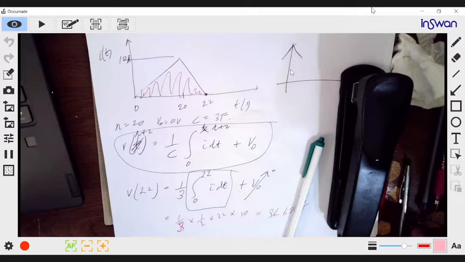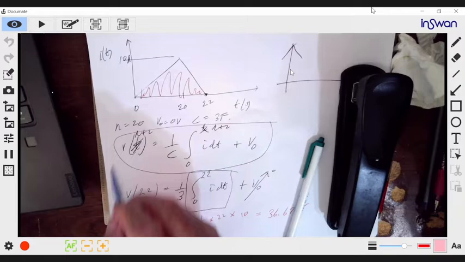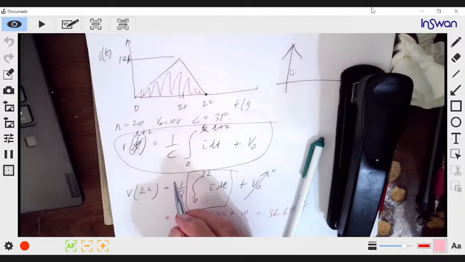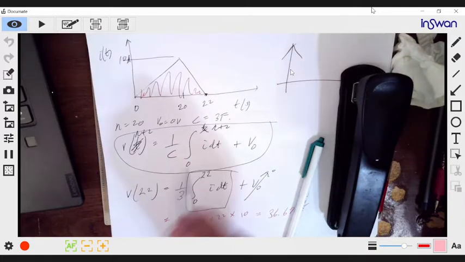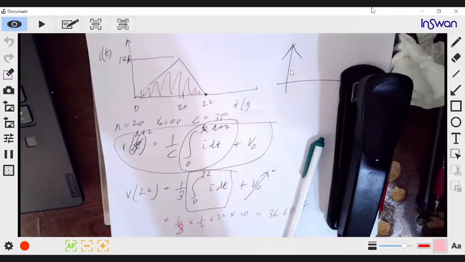The equation says the voltage at n plus 2 has to do with the area. This is the area between 0 and n plus 2. That's not the value here, that's the value of all this. The voltage is proportional to the area.